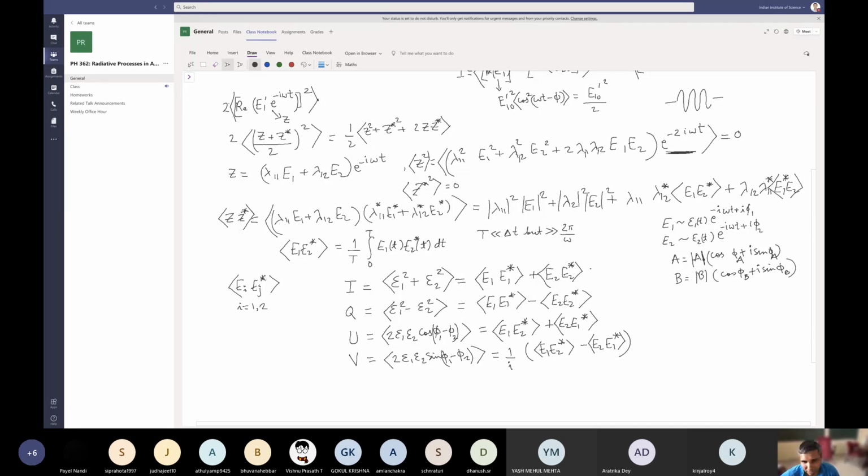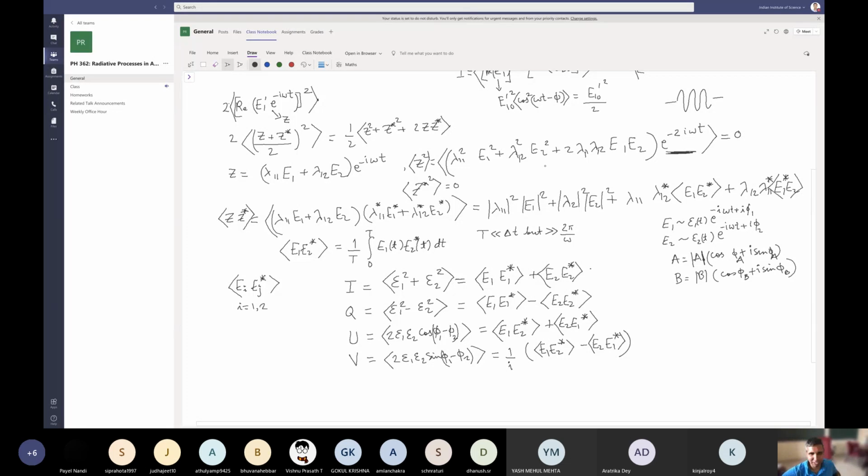So mathematically and in appearance, they look exactly like what we did previously, except for the appearance of brackets, and these brackets just represent time averaging, because your instrument is measuring time averaged intensities rather than the amplitudes and the phases.